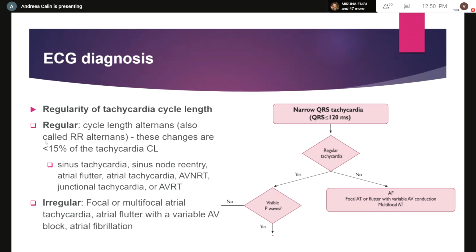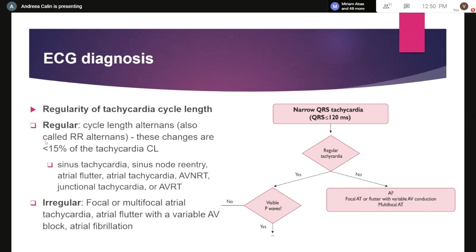The ECG diagnosis is also based on the regularity of tachycardia, and we can say that the tachycardia is regular when we can measure the RR intervals, and the changes between different measurements of RR intervals are less than 15% of the tachycardia cycle length.